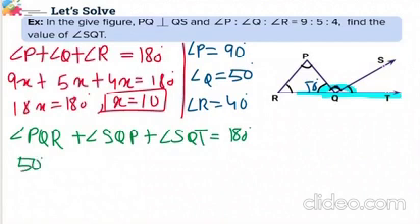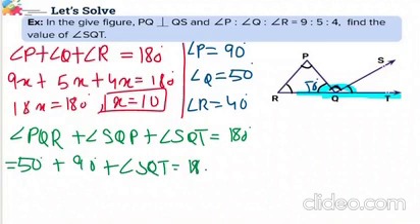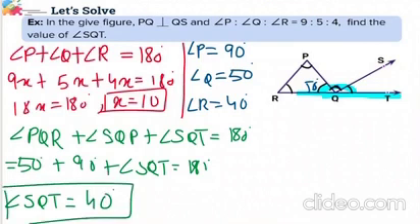PQR, we know it is 50 degree, plus SQP 90 degree, plus SQT we have to find, that is 180. So what will be angle SQT? Angle SQT will be 180 minus 90 plus 50. 90 plus 50 is nothing but 140. 140 subtracted from 180 gives me 40 degree. So angle SQT is 40 degree.